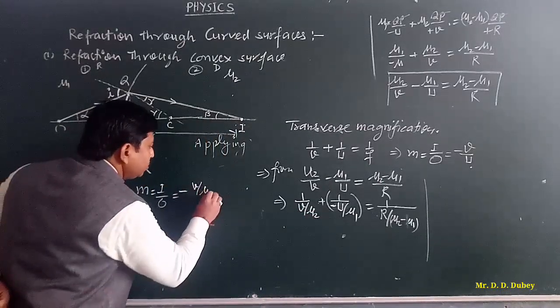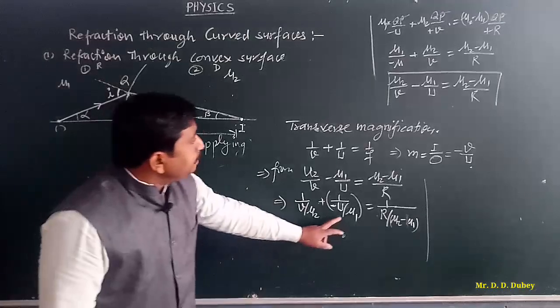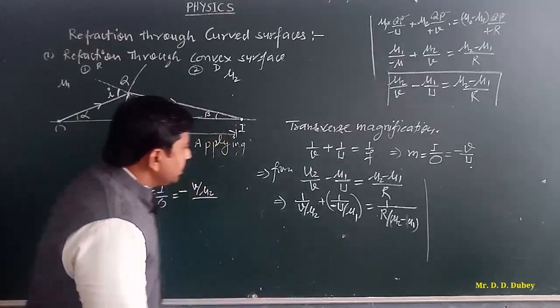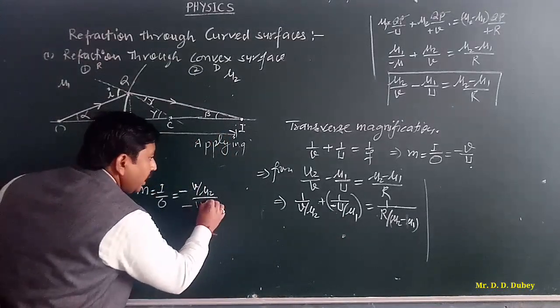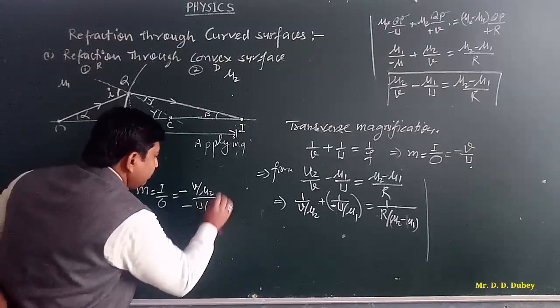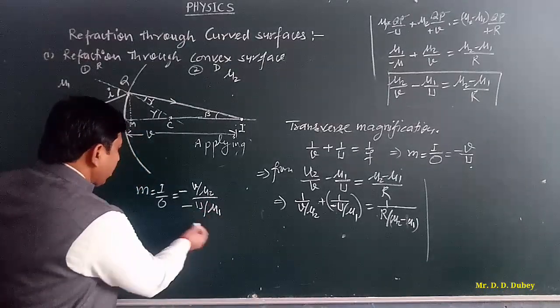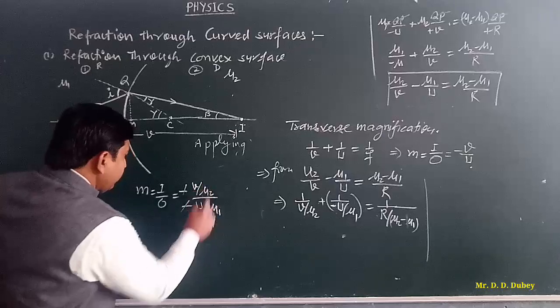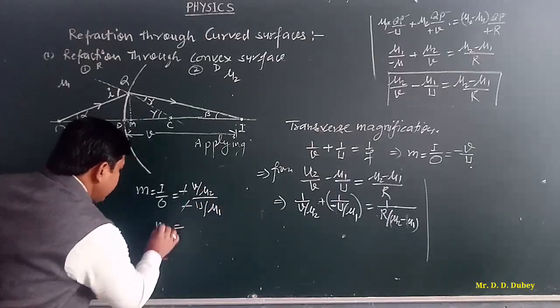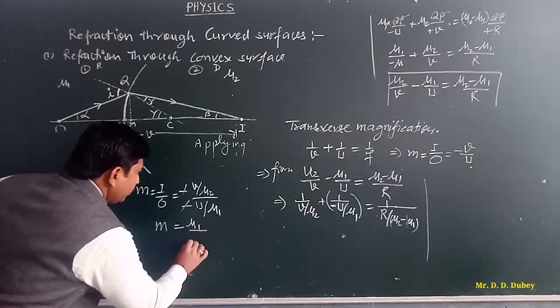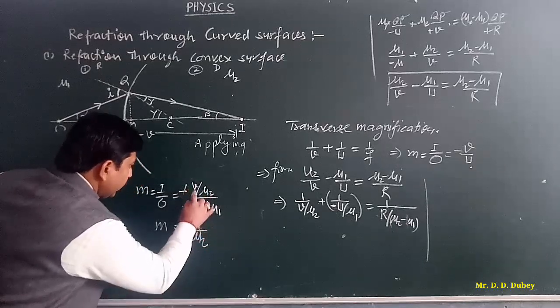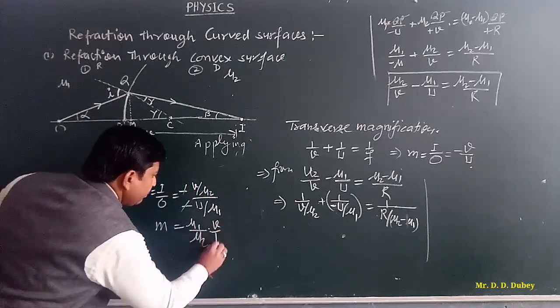V by mu2 divided by what is the value of u? This is u by mu1. So if we solve this, then we get m is equal to mu1 by mu2 into v by u.